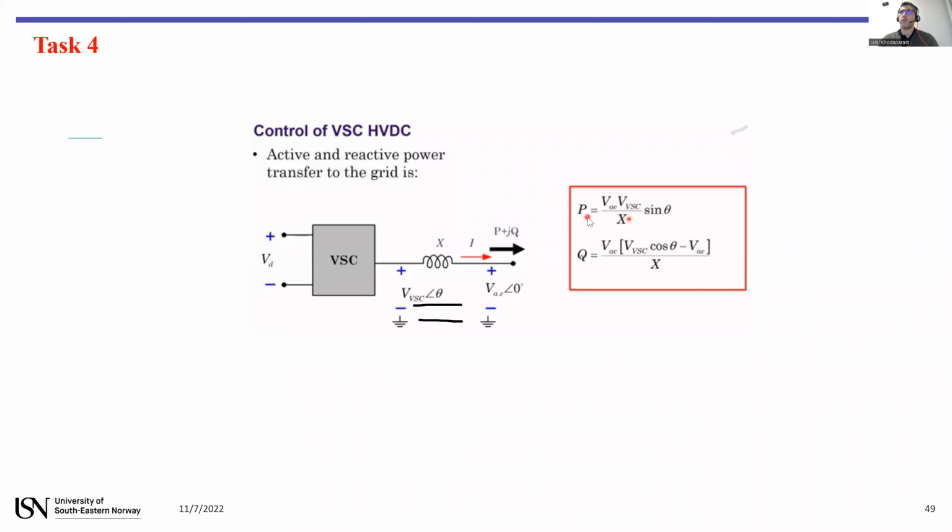This one is active power, this one is reactive power. If you have the voltage of VSC here and the voltage of the grid and the phase angle between them, and the reactance between, you can use this formula to calculate active and reactive power.